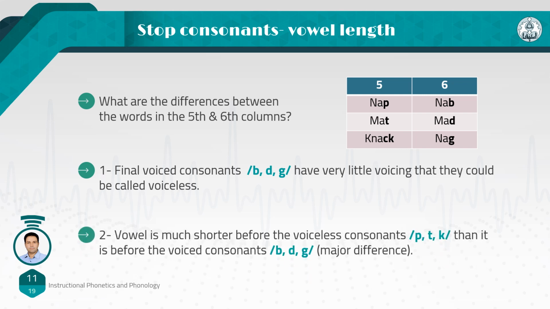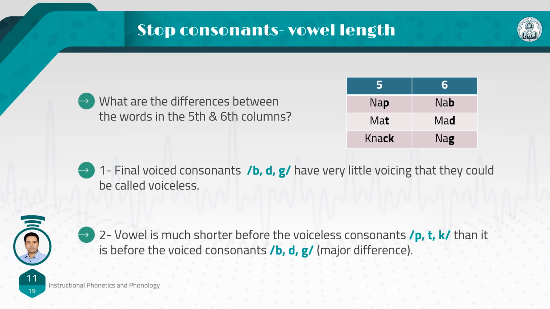Vowel is much shorter before the voiceless consonants p, t, k than it is before the voiced consonants b, d, g. In fact, this is the major difference between the two columns. Listen again. Nap, nap, and nag. Which one is shorter?